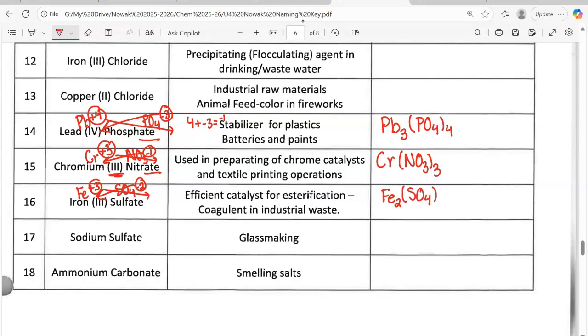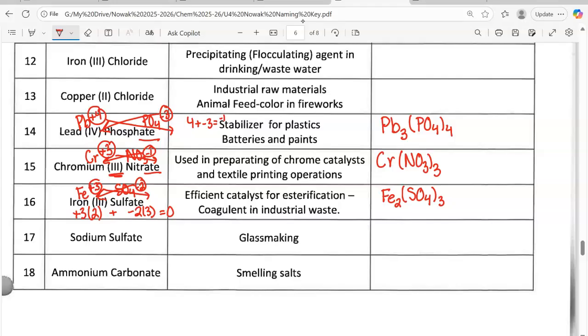My subscript on my SO4 is not 1, so I'm going to put it in parentheses and throw that 3 down there. Now, if your brain likes the math method and you know, hey, this is a +3, this is a -2, 3 times 2 is 6, so that means I need 2 irons, 3 sulfates for it to cancel. You do what works for your brain.